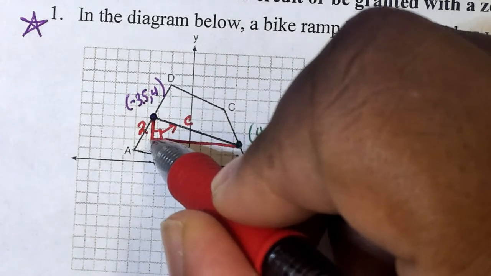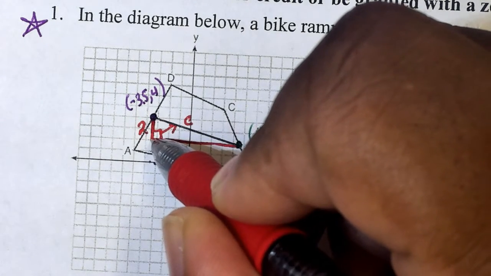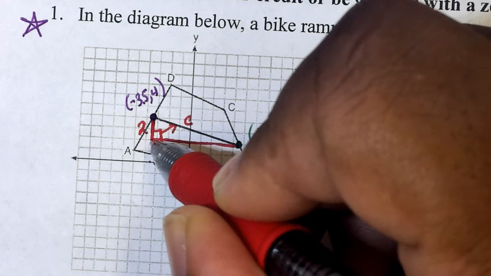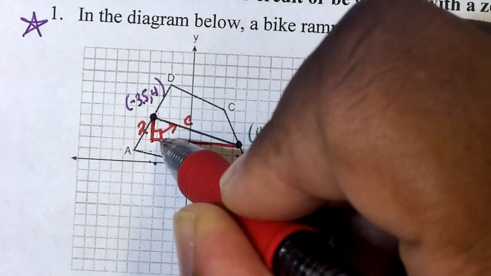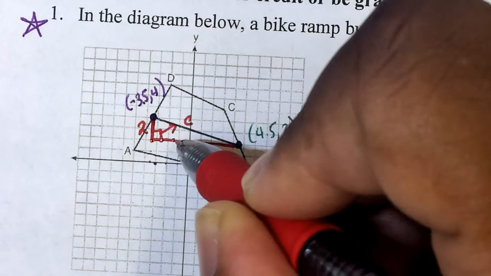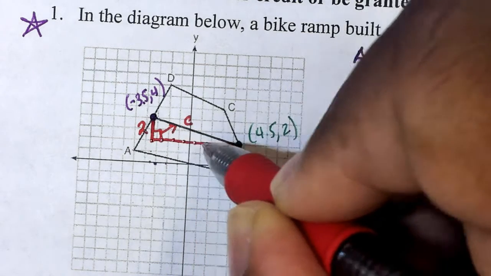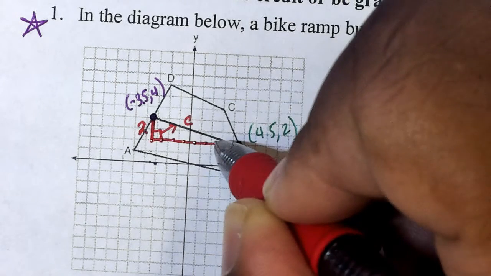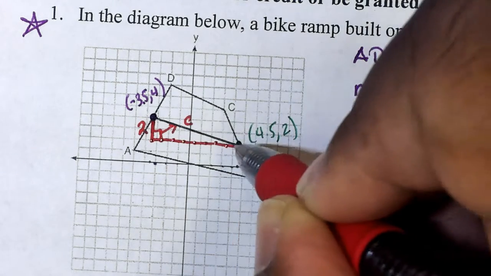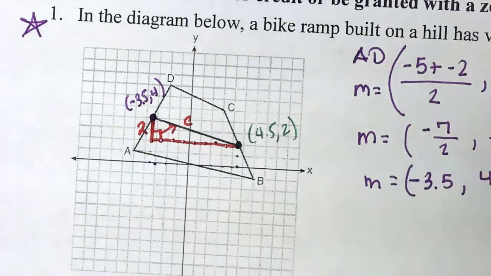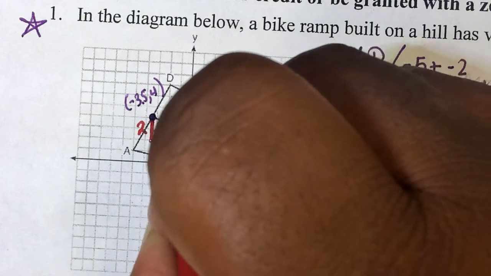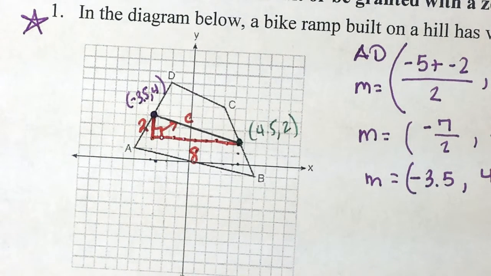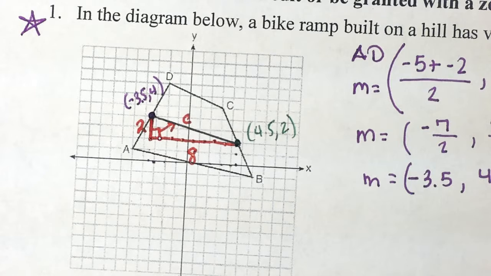So starting here, counting my horizontal, I'm at a half spot, so I'm going to just keep counting the halves and call that a whole. So going over, in the middle will be 1, in the middle will be 2, middle will be 3, the middle will be 4, middle will be 5, middle will be 6, middle will be 7, then I land on 8. Going over is 8 spaces. Now follow what I just did. Alright. So my two numbers are 2 and 8 that I'm going to use for Pythagorean.